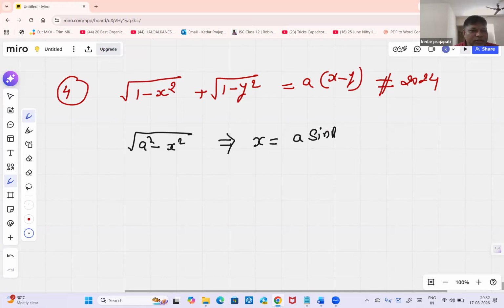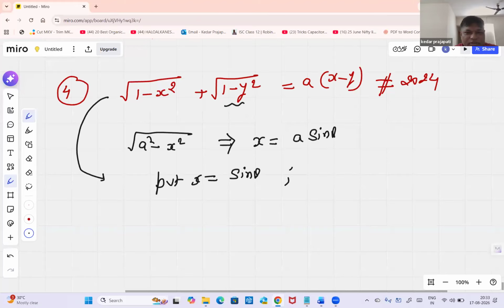So in our case, what will happen here? In place of a square, 1 is coming, right? So we have to put here x equal to, a is 1. Right? So x equal to sine theta.